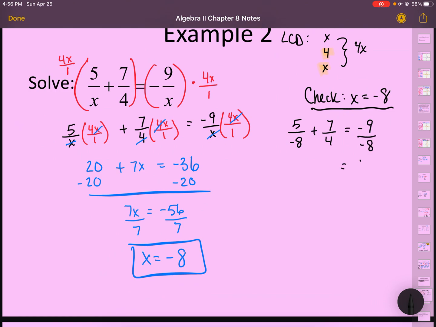And in the calculator, when you add 5 over negative 8 plus 7/4, you do get a positive 9 over 8. And when you set these both equal to each other, 9 over 8 does equal itself, so that's good.